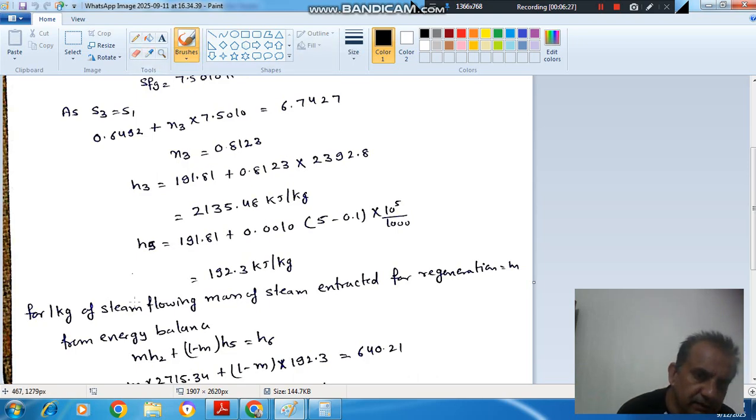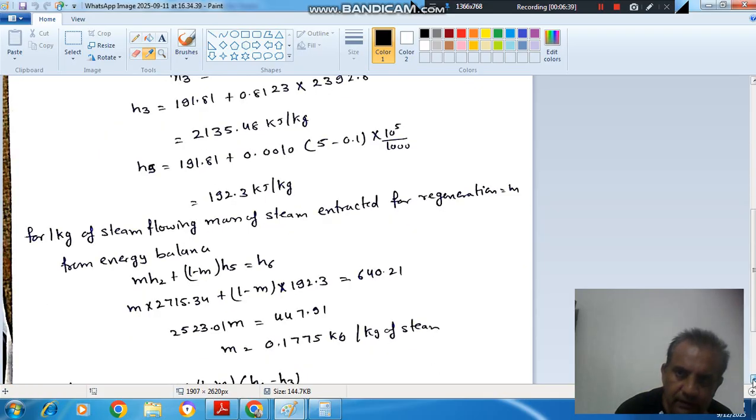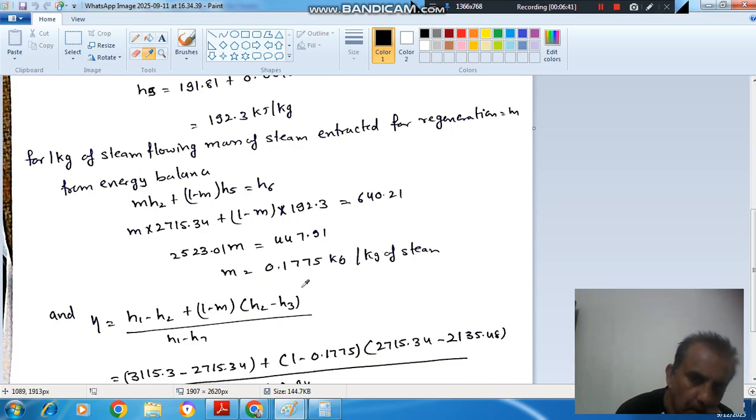We can balance this energy and find out m. So m comes out as 0.1775 kilogram per kilogram of steam.